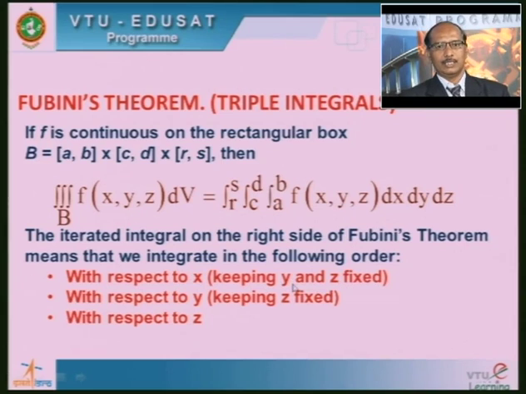Then we integrate with respect to y, keeping z constant, and the result becomes a function of z. Lastly, integrating that function of z with respect to z using r and s completes the evaluation of the triple integral.